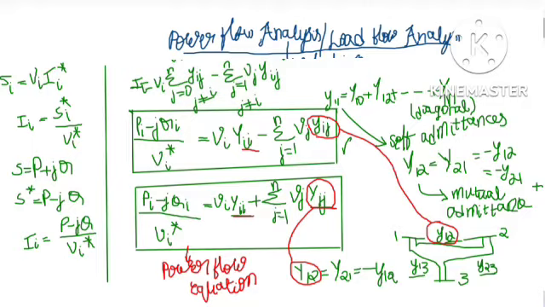So complex power Si is equal to Vi into Ii conjugate. From this we can find Ii is equal to Si conjugate divided by Vi conjugate.